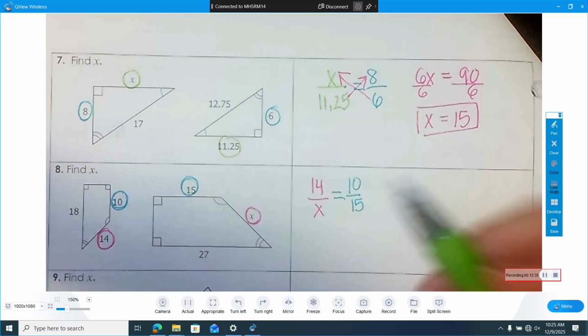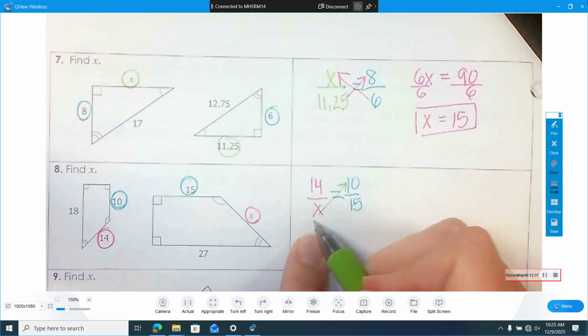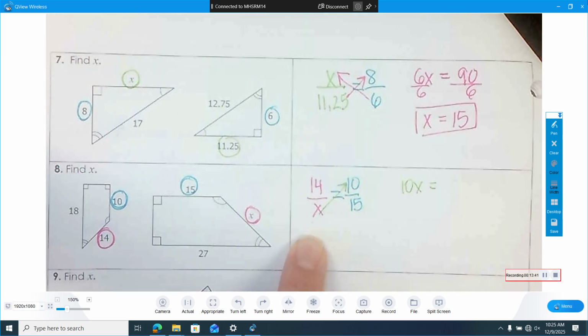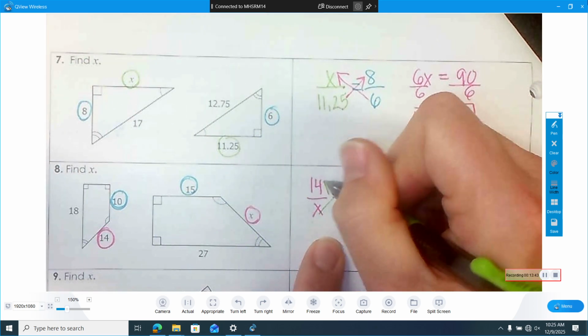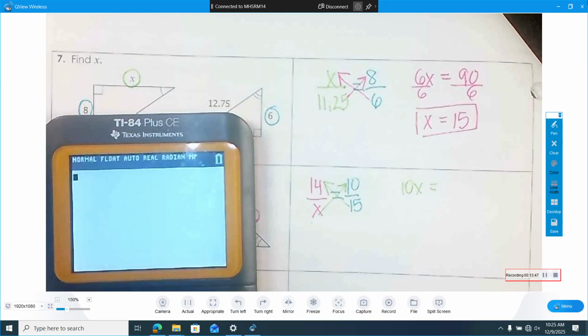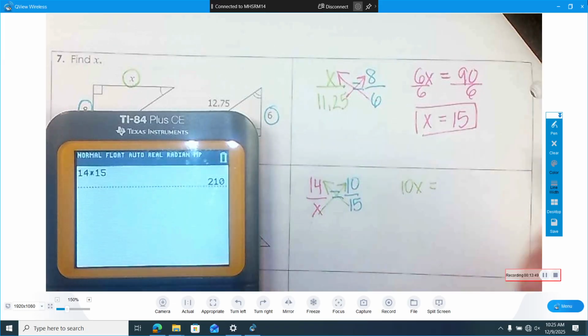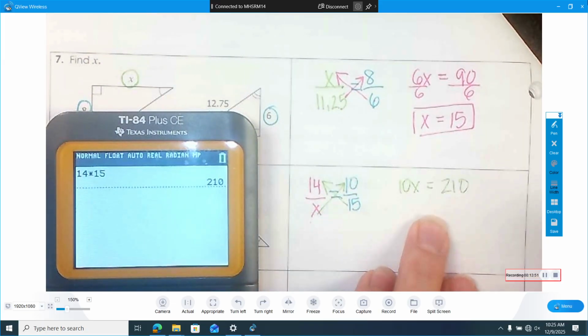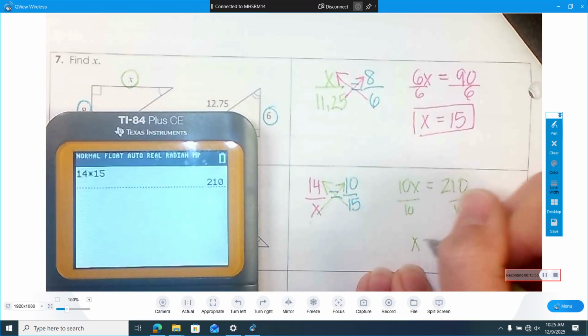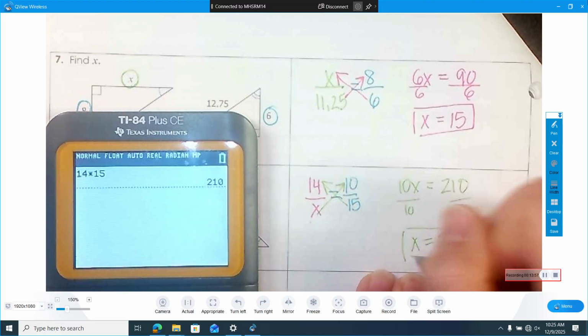I have X times 10, which is 10X. And then 14 times 15, which I don't know. 14 times 15 is 210. And we're going to divide by 10. Divide by 10, we get X equals 21.